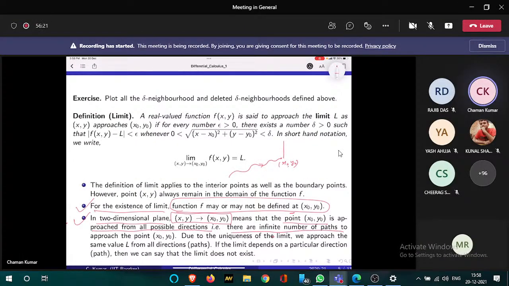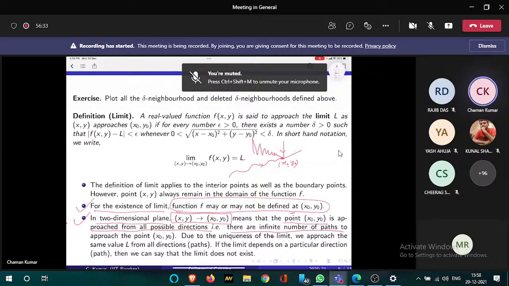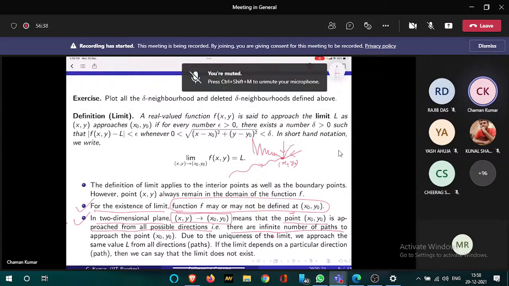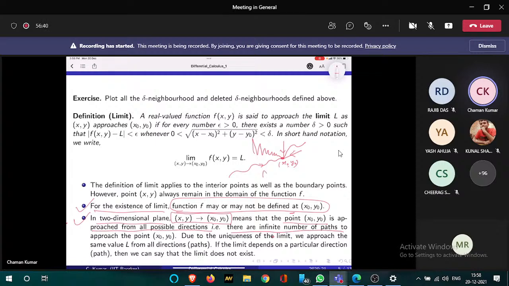You can approach it through this straight line also, and maybe some other shapes also. You can approach through this path, right? So you have a straight path, you have a polynomial path, you have a more complicated path than polynomial, right? So you have several paths to approach the point (x0, y0), and the number of such paths is infinite.